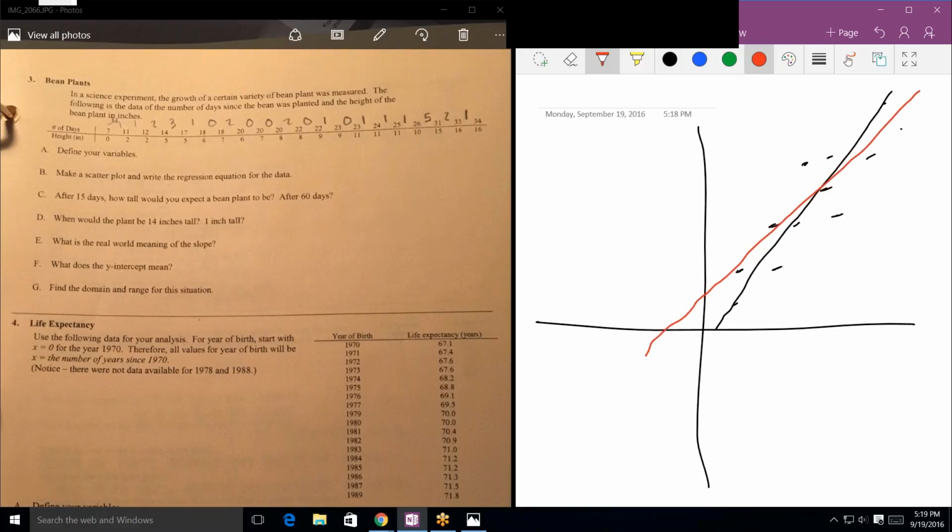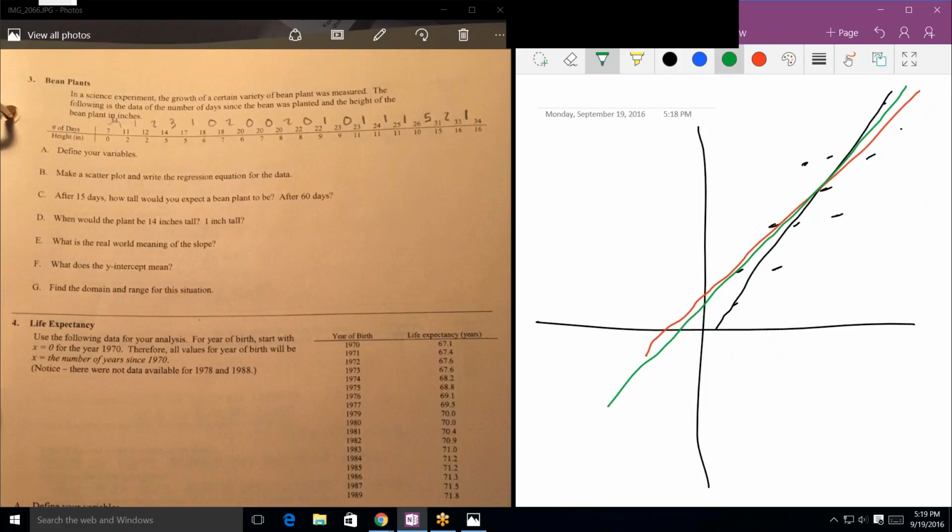That's a different line. It has a different y-intercept. It has a different slope. I might even find that a green line is the best fit. Well, there's an algorithm that determines which of those three lines is actually the best fit for those points.